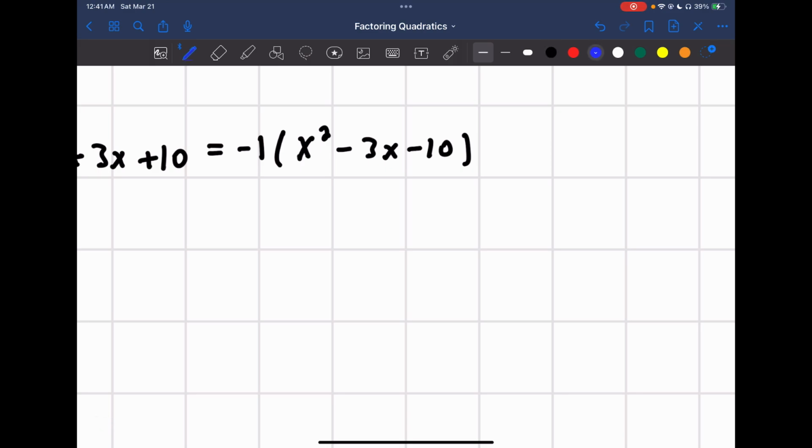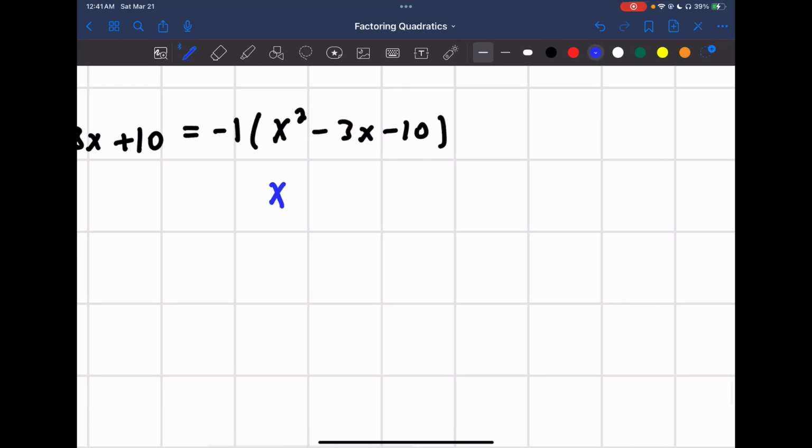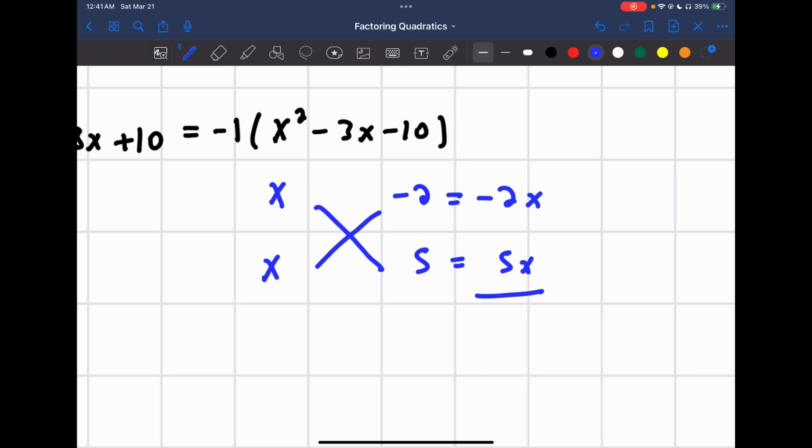So let's factor it out. x times x is x squared. So we have a minus 10. So let's try minus 2 and 5. So cross multiply. On the top is minus 2x and then 5x. But this equates to positive 3x, which is not equal to minus 3x. So we would have to try again.